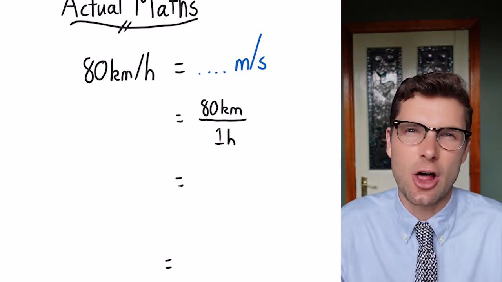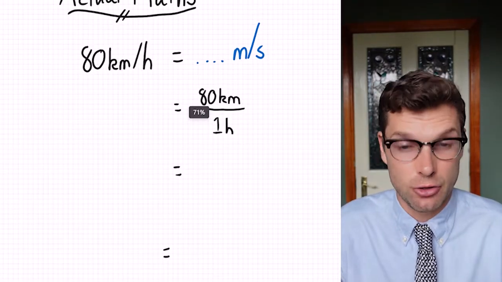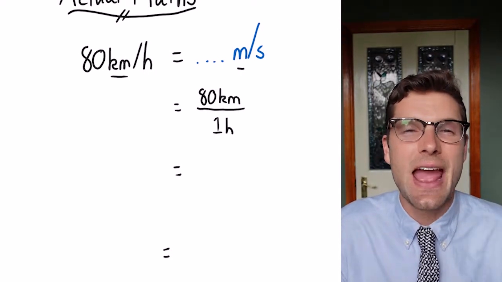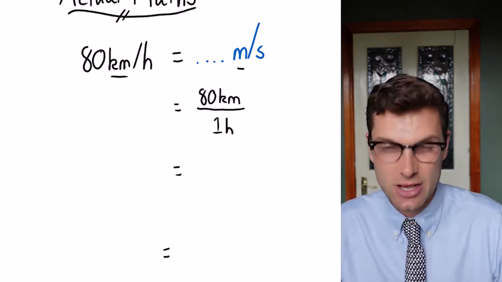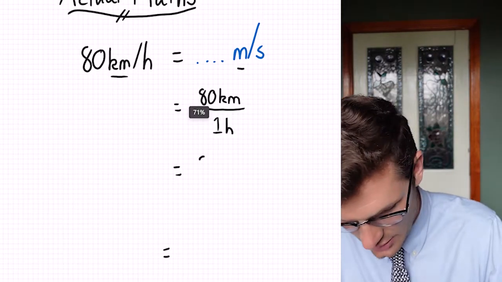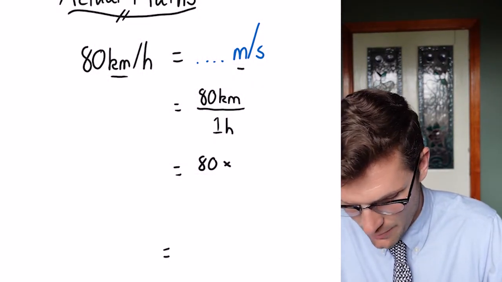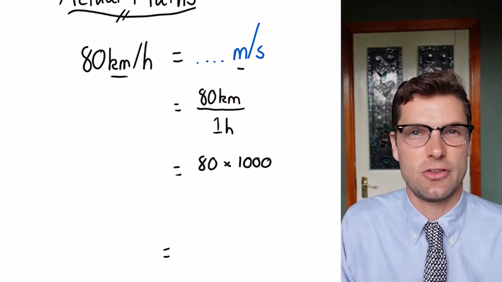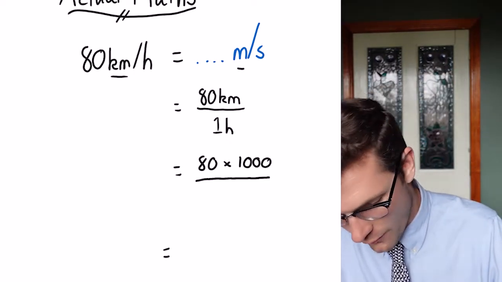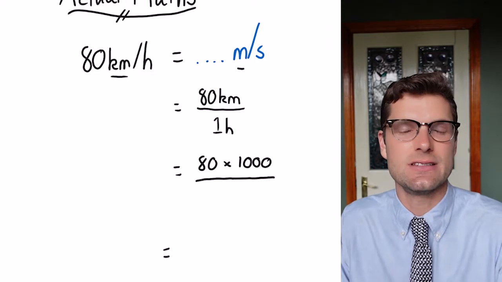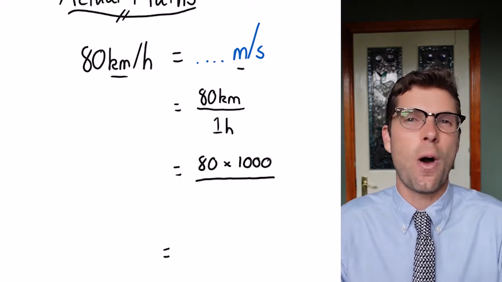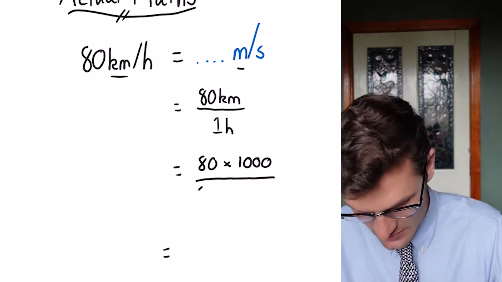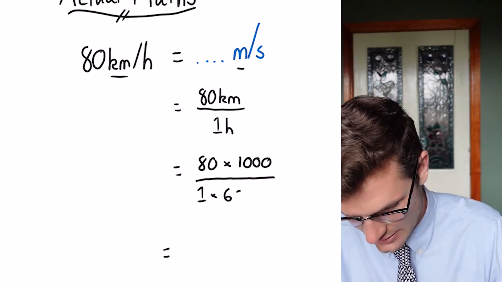To change kilometers into meters, we know that there's 1,000 meters in a kilometer, so on the top we go 80 kilometers multiplied by 1,000. That's going to give us meters on the top. We've also got to change the hours into seconds. 1 hour has 60 minutes, so we times that 1 hour by 60.